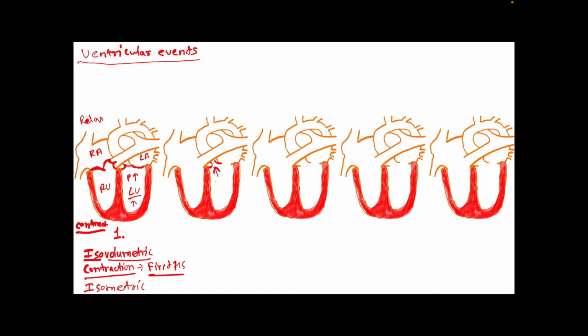The atrioventricular valves will be closed and the semilunar valves will become open, so blood will flow through the pulmonary artery and the aorta. This is the second phase, the ejection phase.